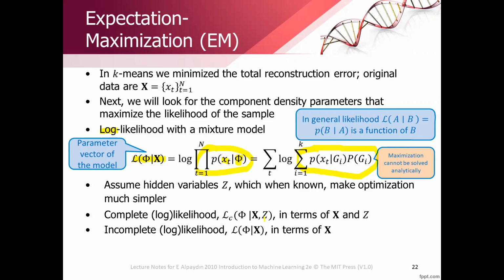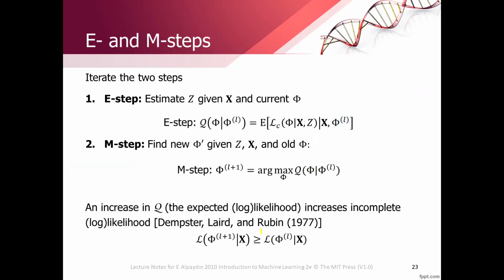So at first we guess some hidden variables, capital Z. And when we know some guess for the variable Z, then we can compute the log likelihood. These are not the most complex formulas you will see today.